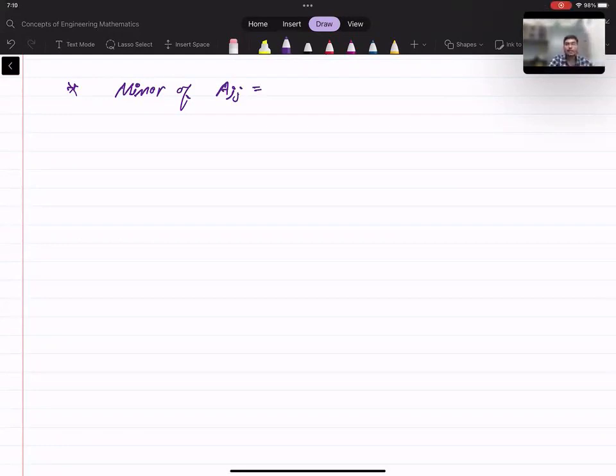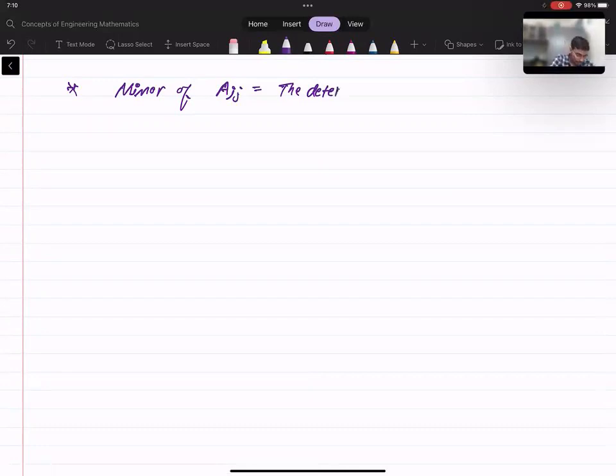Say minor of A11, if we want to calculate, then we will delete the first row and first column, and after that we will expand the determinant. So this is nothing but the determinant obtained by... here, in fact, we are in a sort of reducing the dimensions of the determinant.